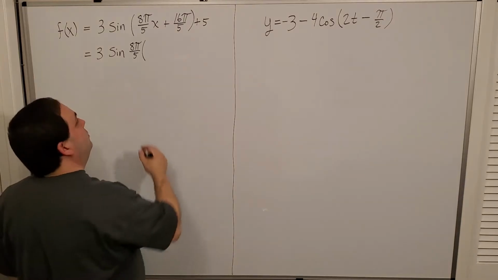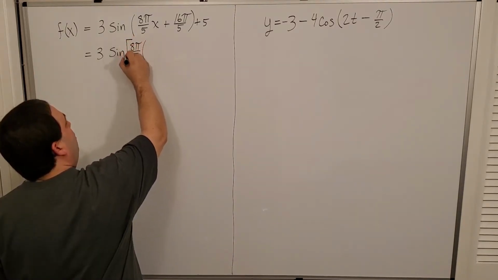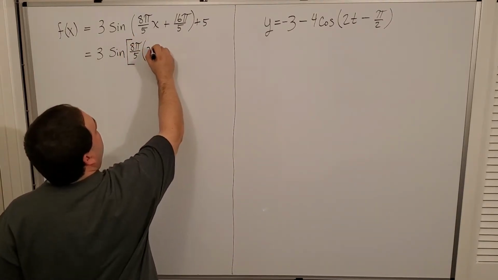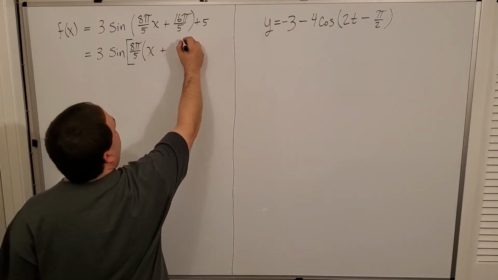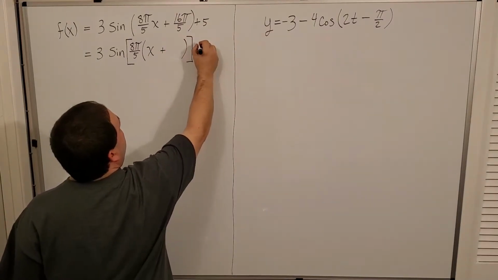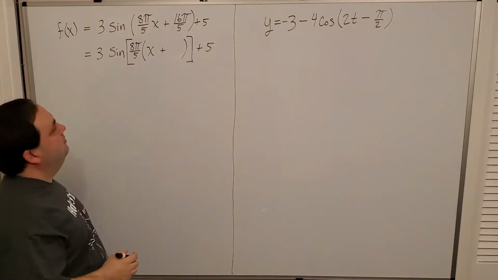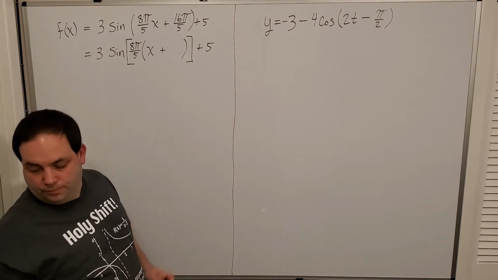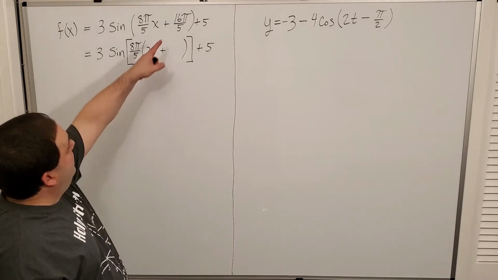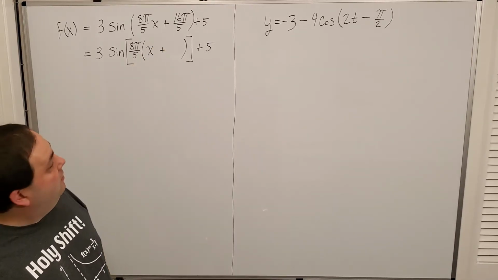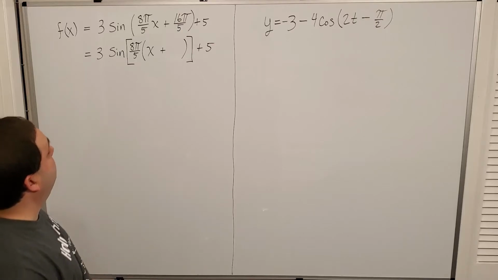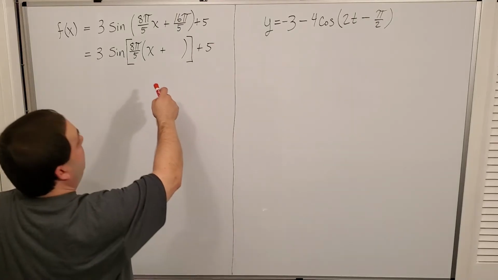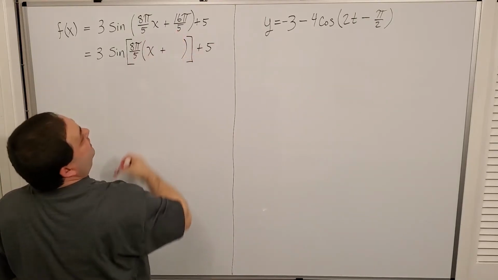If it helps you, you can put a big old bracket here, and it'll be like this. You don't have to. Some people choose to. Okay, so for the number added to x here, remember, I'm using division.